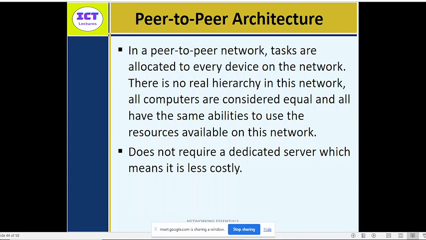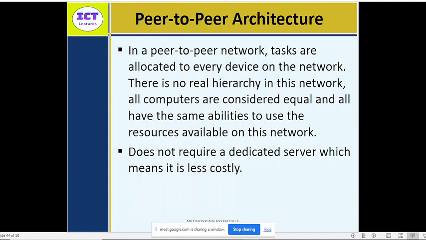There are pros and cons of this kind of architecture. One, in a peer-to-peer network, since all devices have equal rights, chances are there could be an issue with the management of resources, right? There are some devices which can decide to victimize other nodes or other connected devices, right? Like there's one which can decide it is the one that is communicating all through.